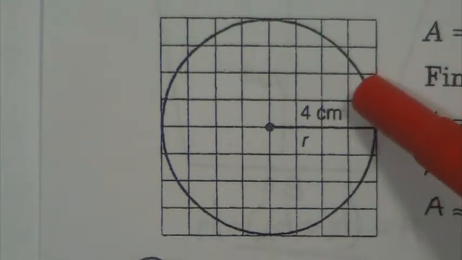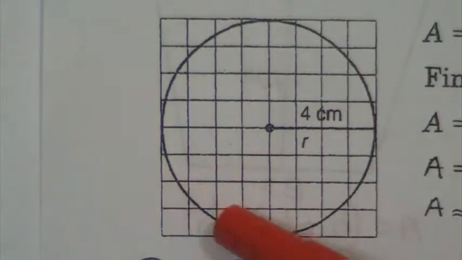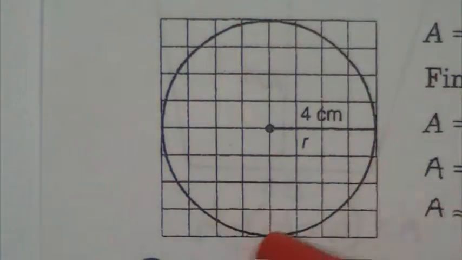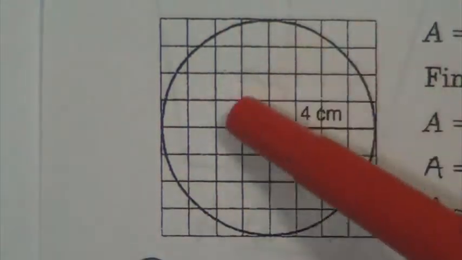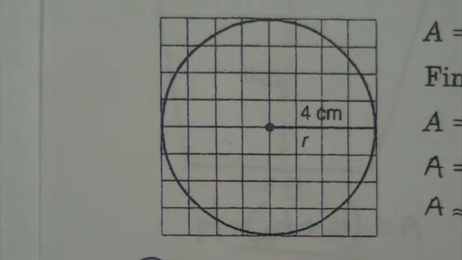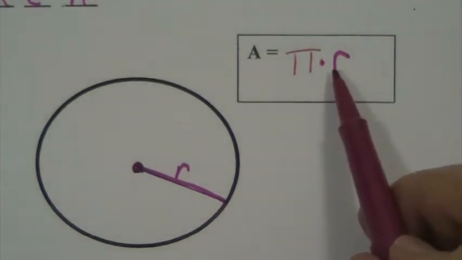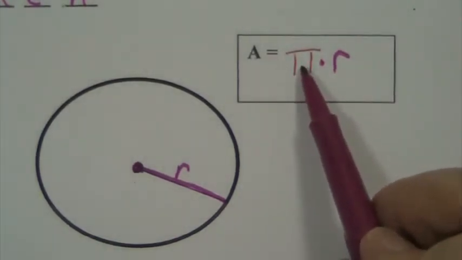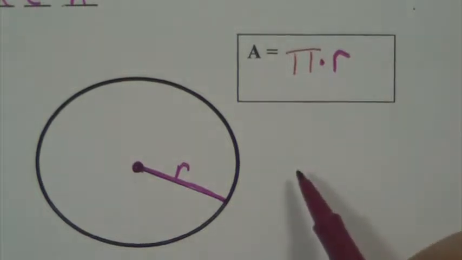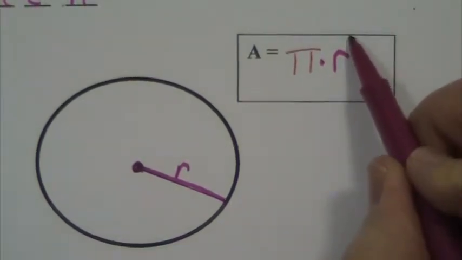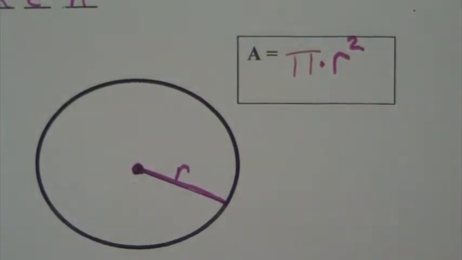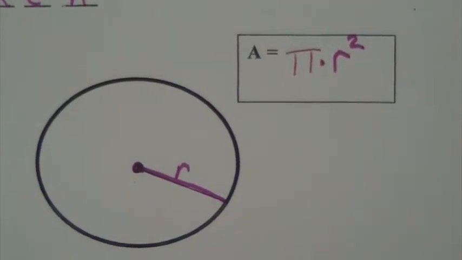Now, it may not look like it, and some of them you'll have to cut up to make them fit inside. But overall, how many squares can fit inside? To find that, we have a formula we use: the area is pi times radius squared. Pi times radius squared.